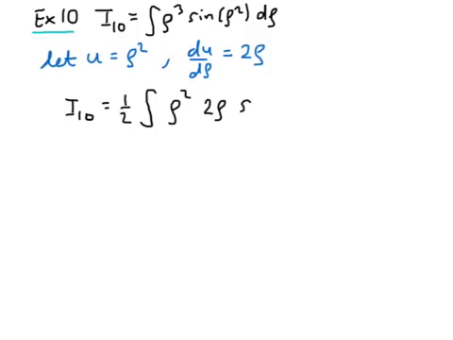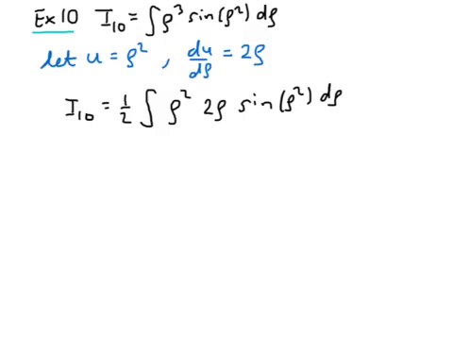And then this is multiplied by the sine of rho squared with respect to rho. So all I've done here is put in a 1/2 and a 2, so this is just a factor of 1 overall, and I've broken up rho cubed into rho squared multiplied by rho.